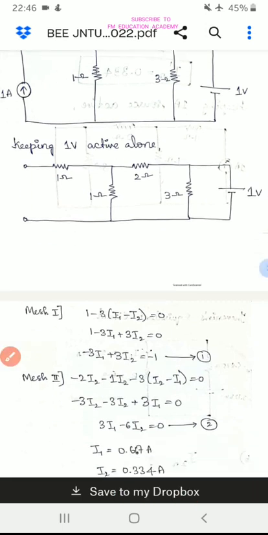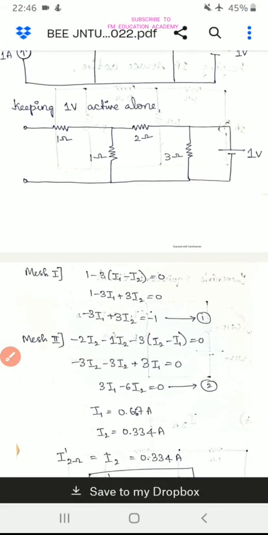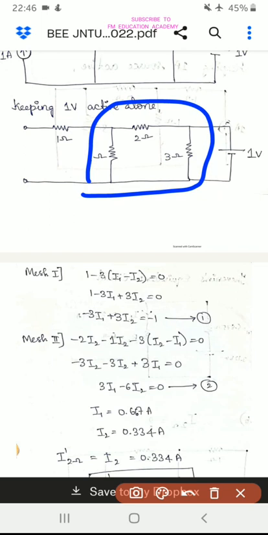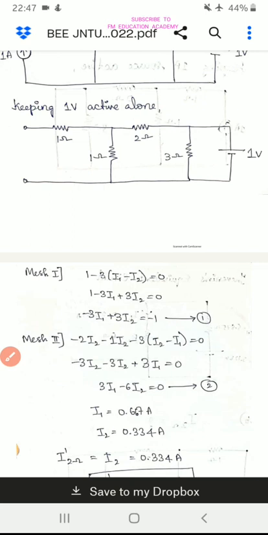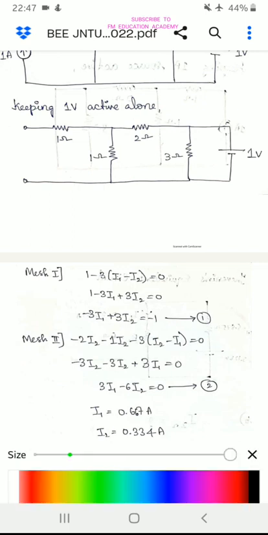Now similarly, what is your mesh 2 if you observe? Mesh 2 is this mesh. So you can write minus 2I2. We are considering the current flowing through this is I2. So minus 2 into I2, because V equals IR. We are applying KVL to the meshes because we apply KVL to the loops. So minus 2 into I2 minus 1 into I2, then it goes here, that is minus 3 into (I2 minus I1).